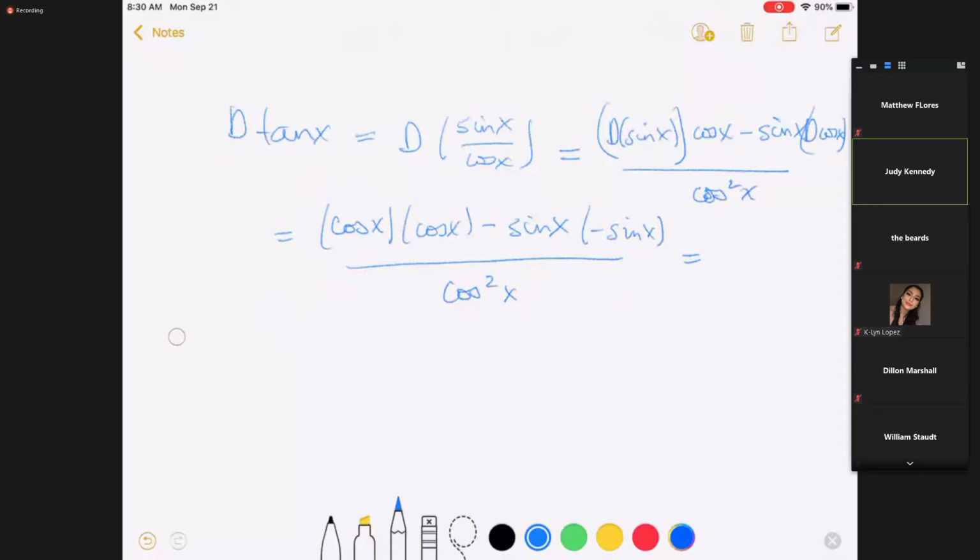So that gives us cosine squared of x, and then minus times minus, that's sine squared of x. I only need a plus in the middle. Okay. Over the cosine squared of x.